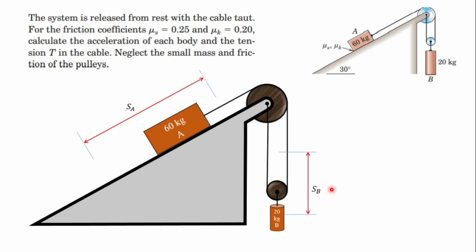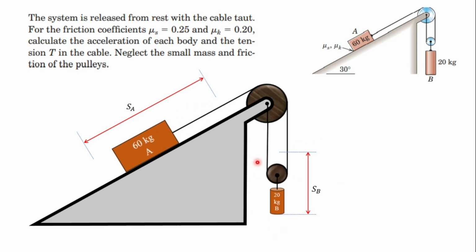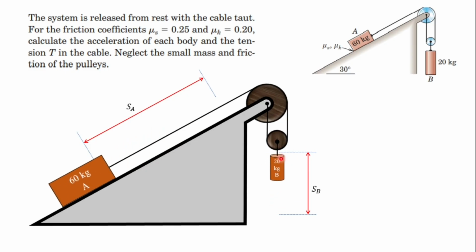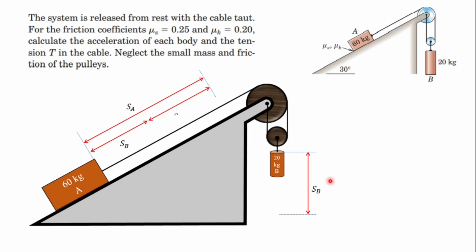But we have to know the positions of the cylinder from the initial position to the final one. If the cylinder moves a distance SB, then the block moves a distance SA, and it is known that this is 2 times the distance of cylinder B, because cylinder B has 2 variable lengths and the block has 1 variable length.